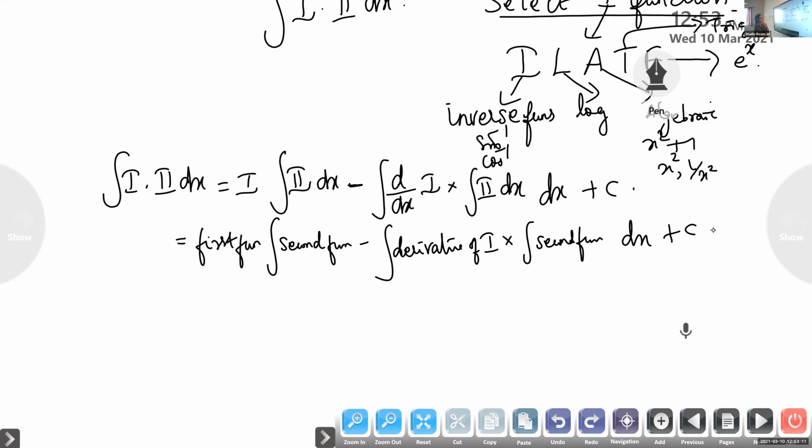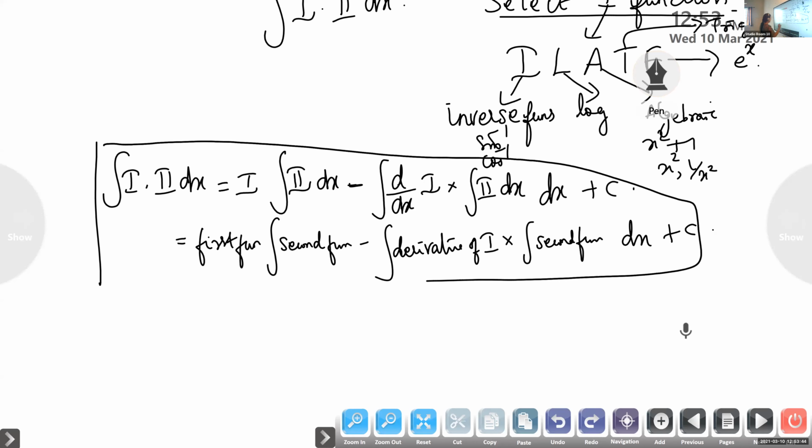For selecting the first function, what is the rule we are using here? ILATE. Inverse, logarithmic, algebraic, trigonometric, and exponential function. So first function into integral of second function minus integral of derivative of first function, integral of second function into dx plus c. This is the rule.